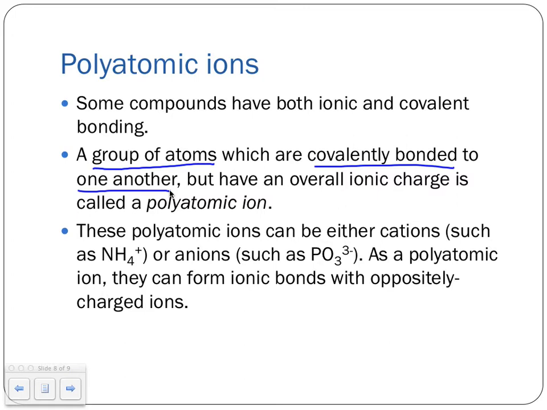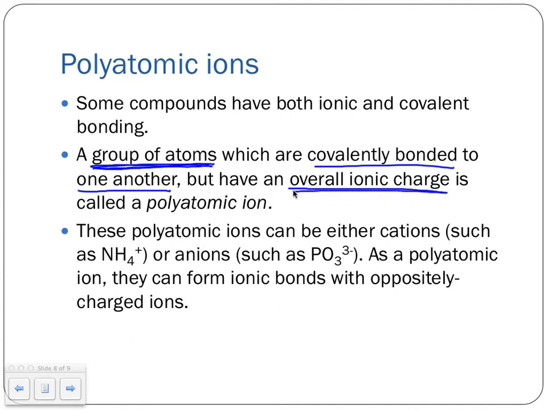There are in the whole molecule the same number of protons as there are electrons. And so it sits by itself, it's neutral, so because it's neutral, it's not going to attract anything else to form a larger compound. But for this particular group, sometimes these covalently bonded atoms will have an overall ionic charge.